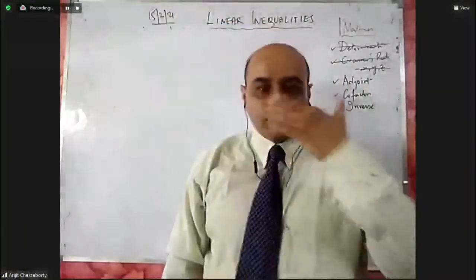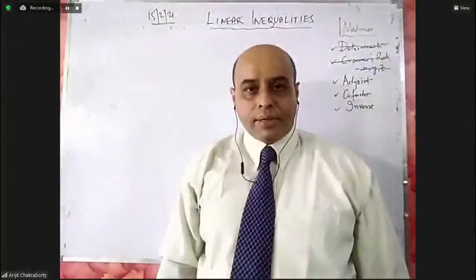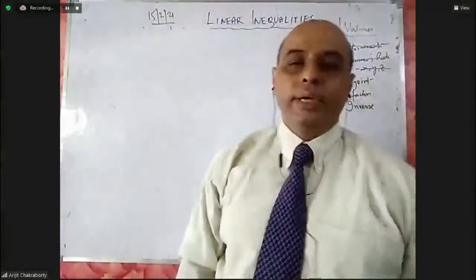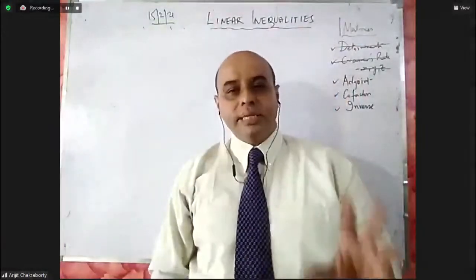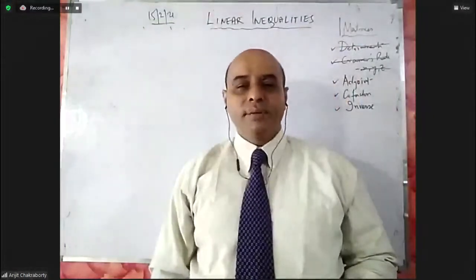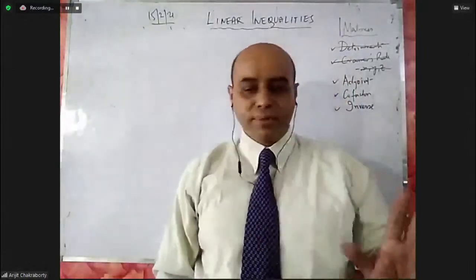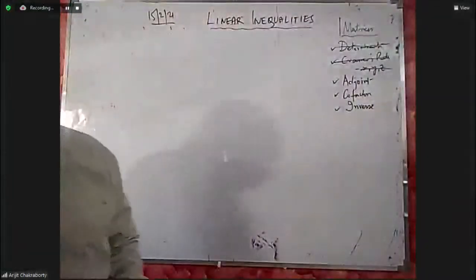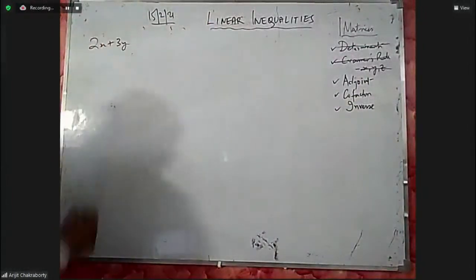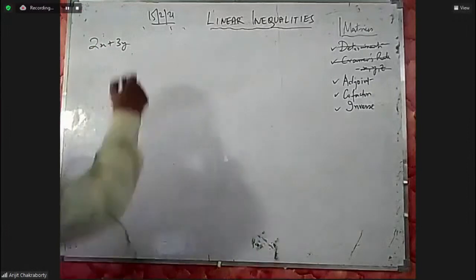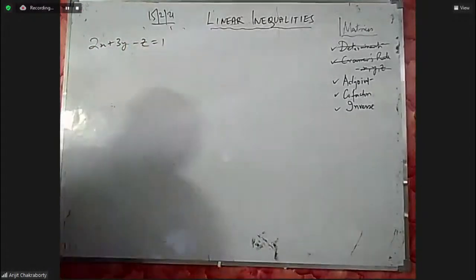Now, the rule, friends, remains the same. Cramer's rule for 2 unknowns and 3 unknowns remains the same. We again have to find determinant D, which will go to the denominator, and the basic rules remain the same. So I am taking an example, let me write it up: 2x plus 3y minus z equal to 1.